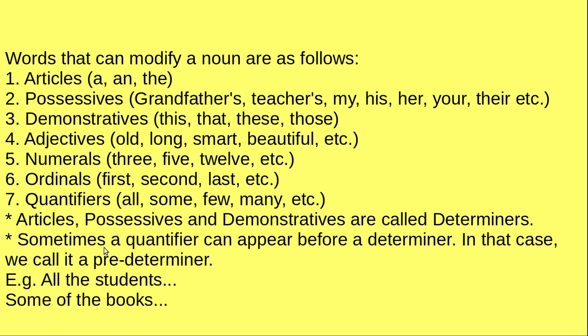And sometimes a quantifier can appear before the determiner, so it is called a predeterminer. Pre means before. See, all the students: students is the head noun, the is the determiner, and all is before that, that's why it is a predeterminer. Some of the books, just like that: books is the noun, the is the determiner, and some of is the quantifier, that's why it is a predeterminer.